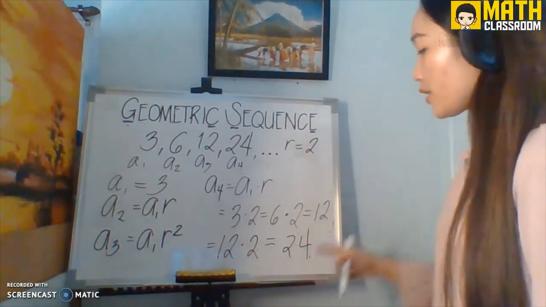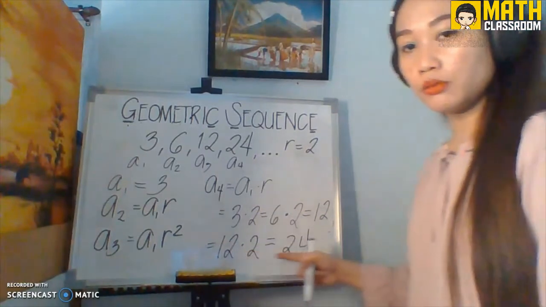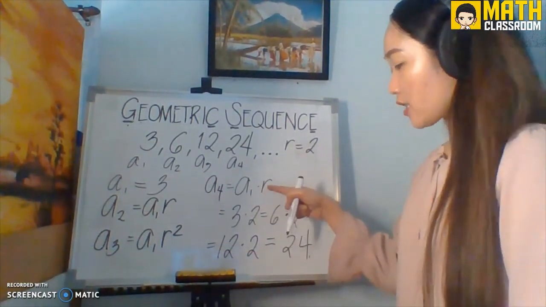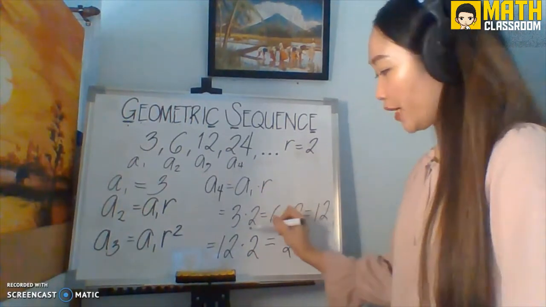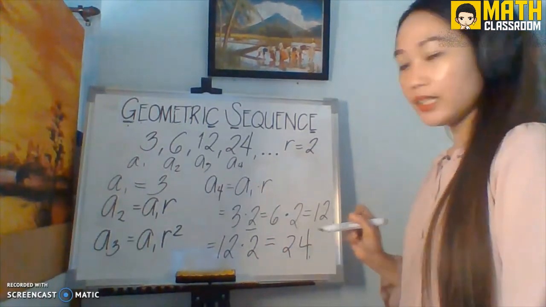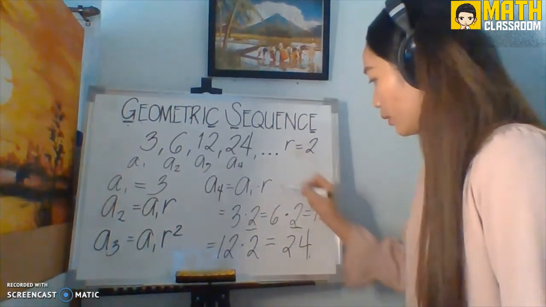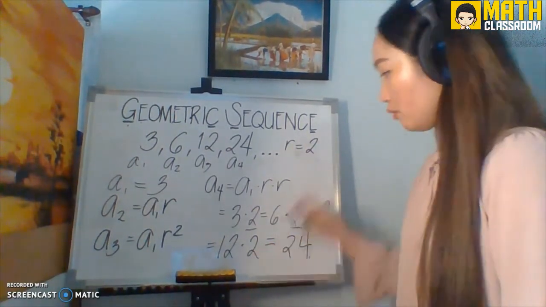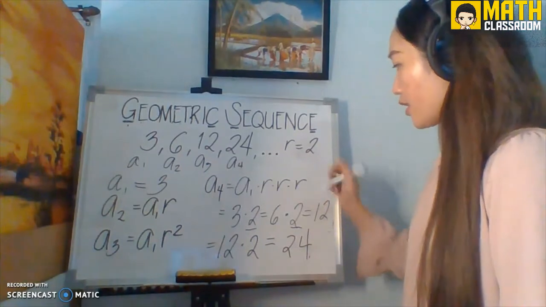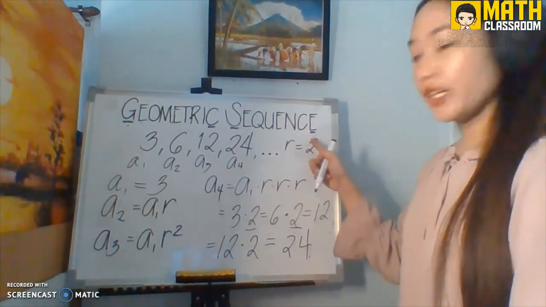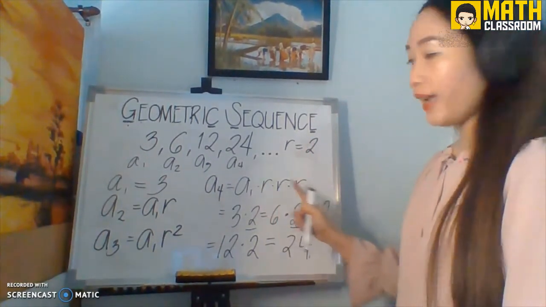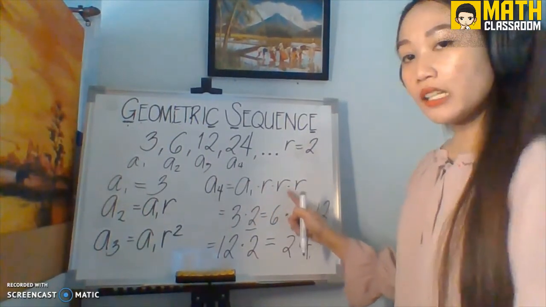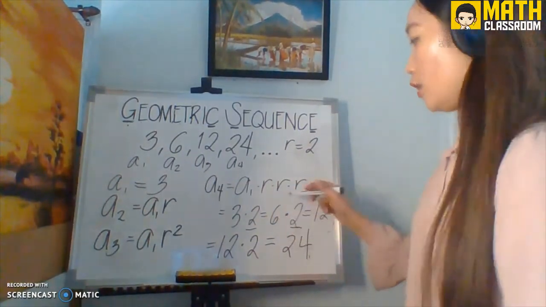So if we put this into a formula, we have r, that r is for this first 2. The second 2, we will multiply again by another r. The third 2, that is another r, because we multiplied the common ratio 3 times. And r times r times r is equal to r cubed.